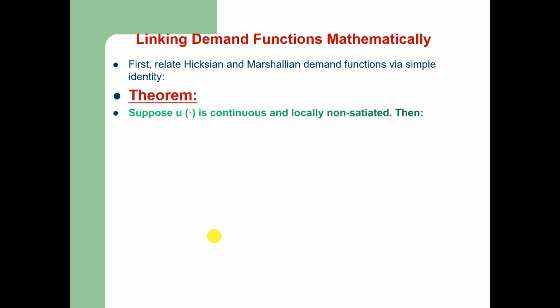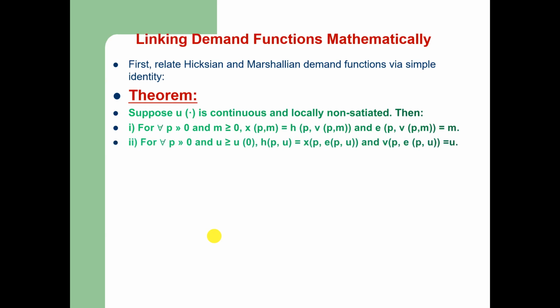The theorem says, suppose the utility function is continuous and locally non-satiated, then number one, for all prices strictly positive, that is, the price vector including prices of various goods is strictly greater than zero, and the consumer money income or the budget is non-negative, that is greater than or equal to zero, then the Marshallian demand function is equal to the Hicksian demand function in which we substitute the value of the indirect utility function, and the expenditure function is equal to consumer money income if we substitute the value of the indirect utility function.